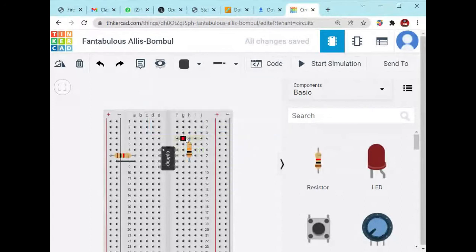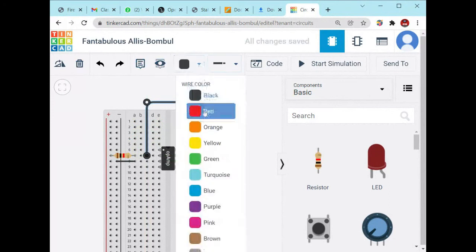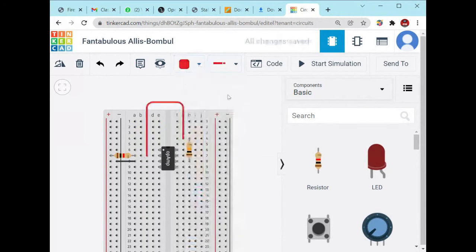And again you have to connect this register back to the input. This connection should be connected to the input and change its color to red, because this is a positive connection.